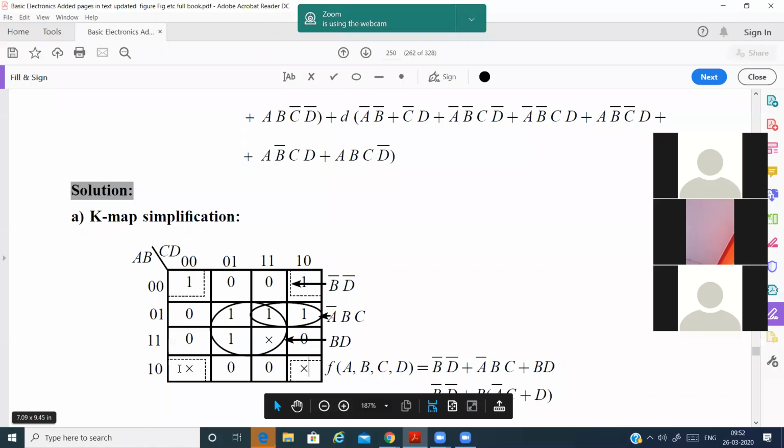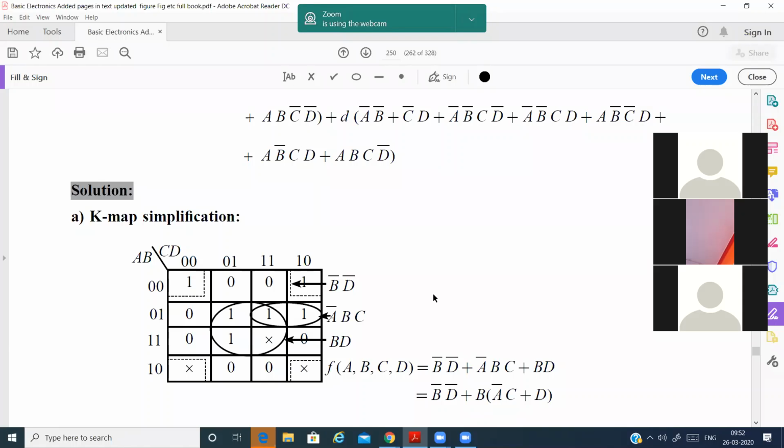Okay, and one more thing you should remember, a maximum, the number can be grouped twice. See, this group has already been grouped with, overlapping with this group. These 2 groups are overlapping.